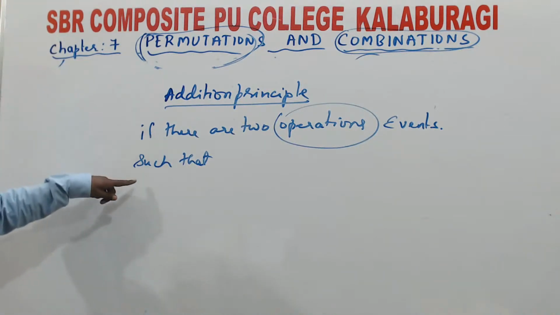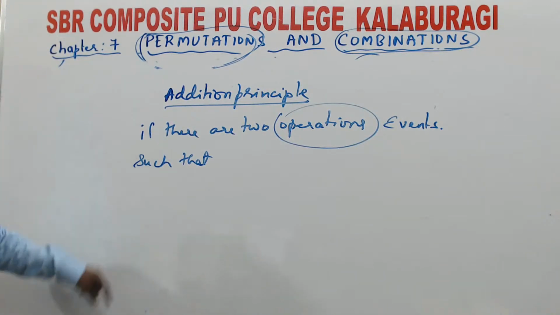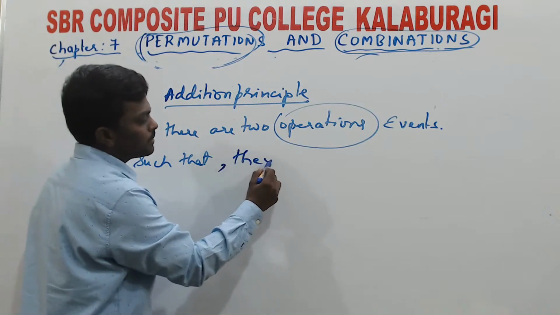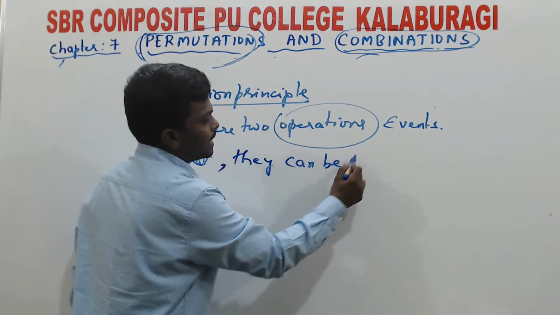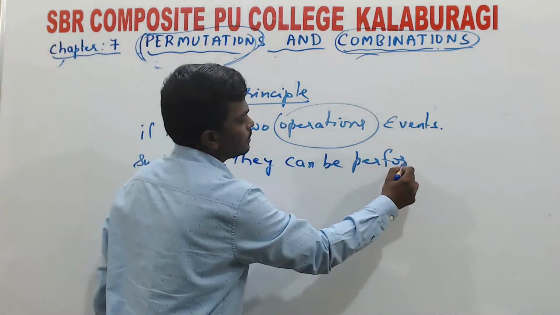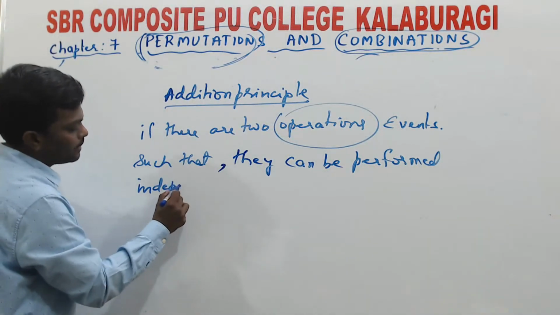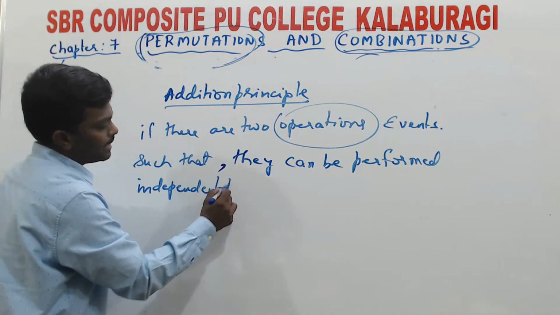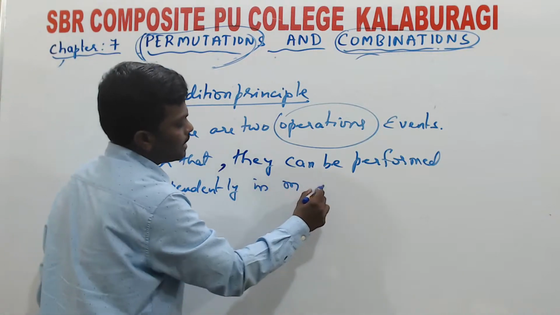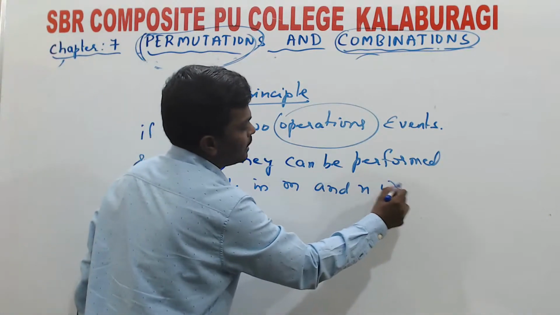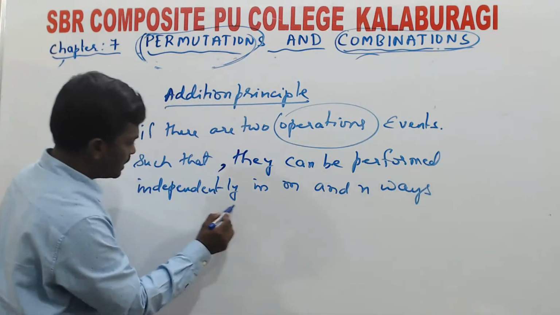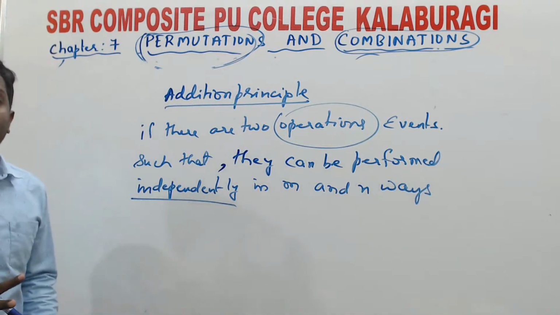So if there are two operations or events such that they can be performed independently in m and n ways. Independently, they are not depending upon each other.